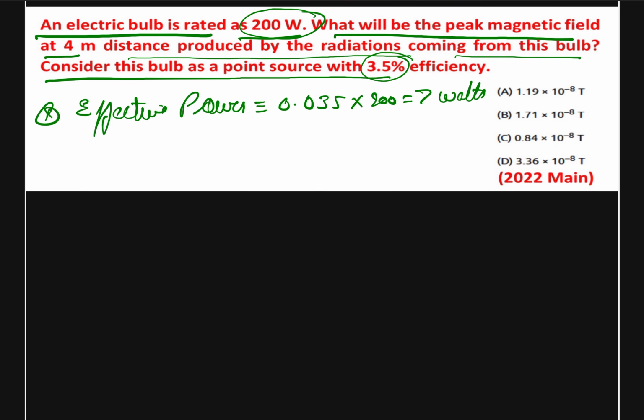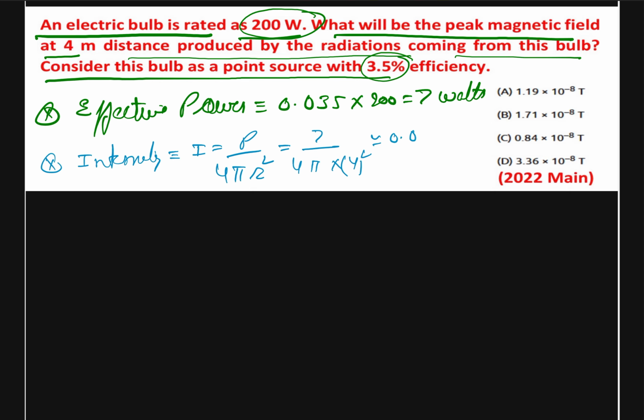And we know that our intensity, which is I, is equal to power upon 4 pi r square. Here r is the distance. So power we just calculated, P is 7, and this is 4 pi multiplied by 4 square. So this comes as 0.0348.